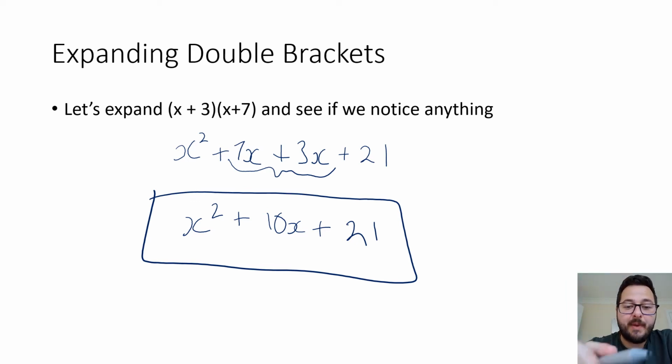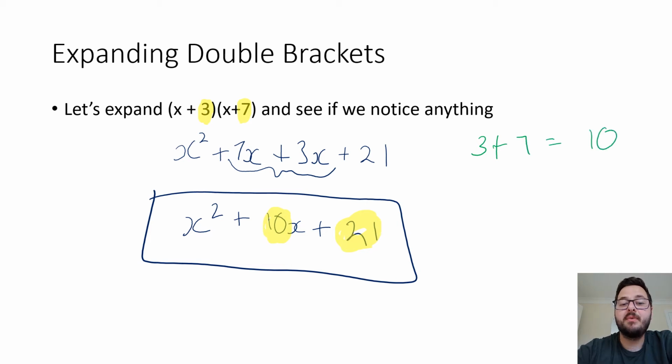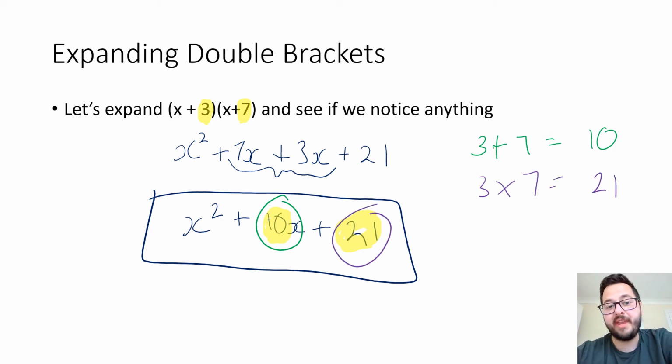What connects this 10 and 21 to this 3 and 7? 3 plus 7 gives 10, which is this one here, and 3 times 7 gives 21, which is that number there.